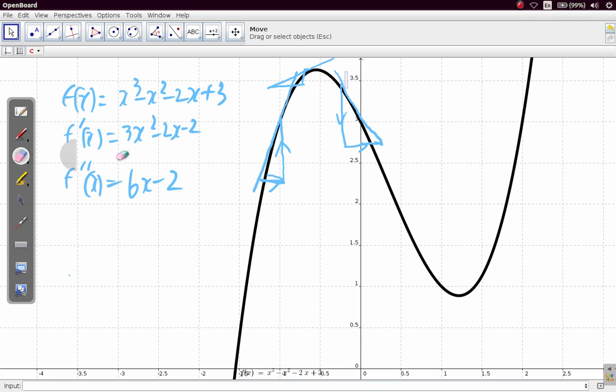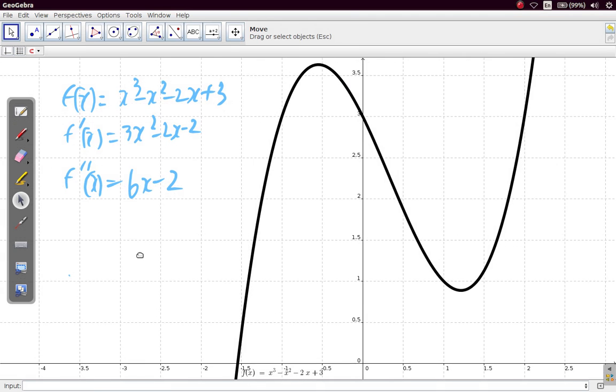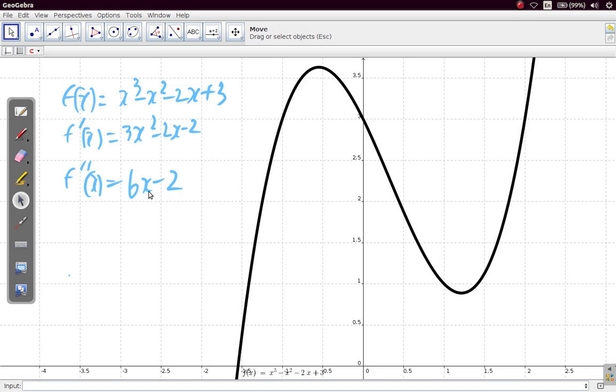So let's look at that. Let's erase these things for a while. Now, if we substitute the value of x, say -1, into the second derivative, what we would have is 6 times -1, -6, minus 2, which is -8.